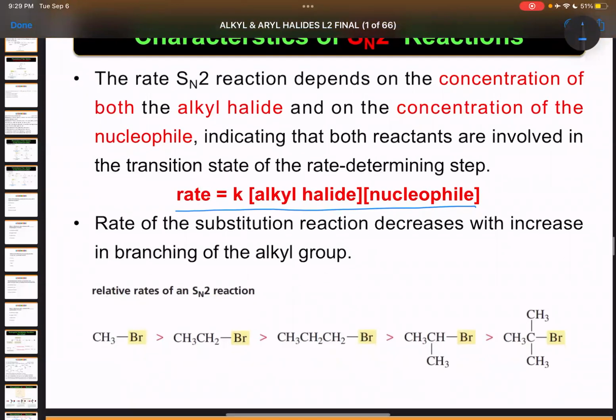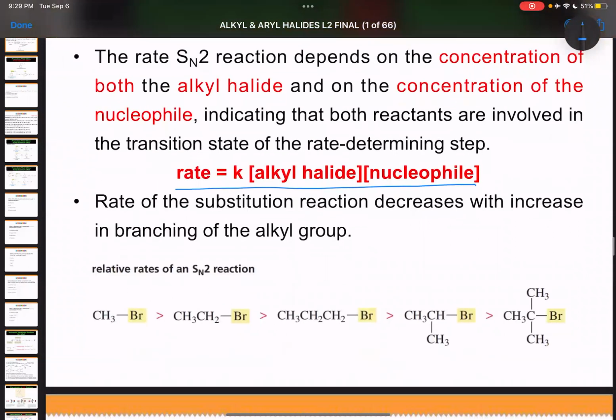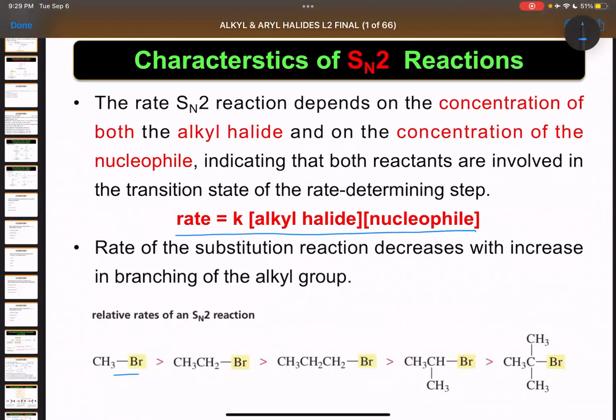And how the rate gets affected by the nature of the alkyl group, that you know, right? Is it clear how the nature of the alkyl group affects the rate of SN2 reaction? Yes, sir. That is clear, right?